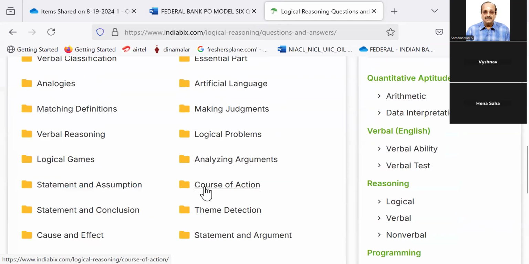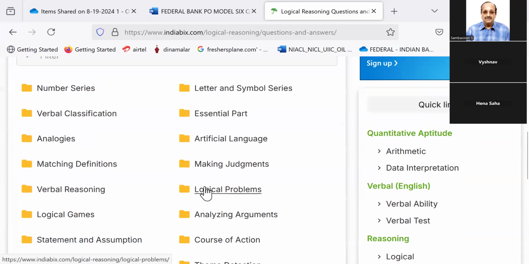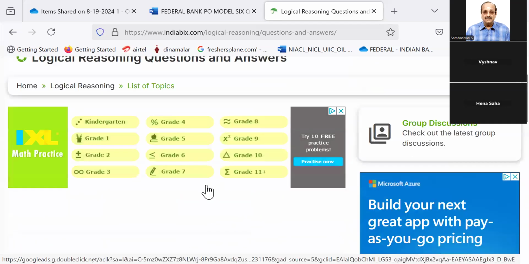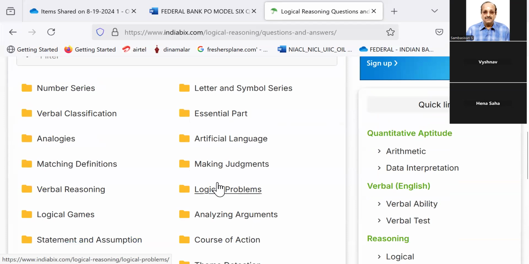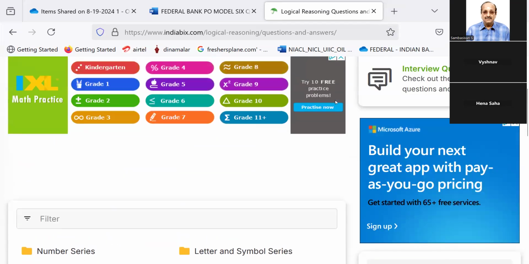Course of action, logical reasoning, logical rules, matching, number series. It's not here. So what site have you said? IndiaBix.com. I am showing it to you.